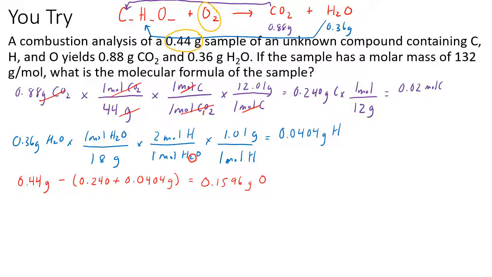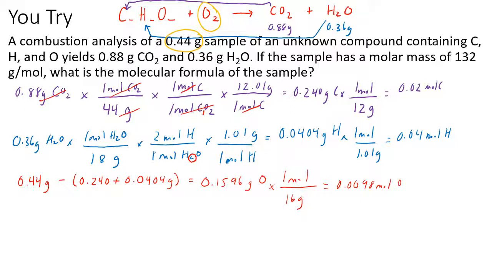Take our grams of hydrogen and divide by the atomic mass for hydrogen, which is 1.01 grams, to give us about 0.04 moles for the hydrogen. And starting with our grams of oxygen, the atomic mass for 1 mole of oxygen is 16 grams, and that gives us 0.0098 moles of oxygen.